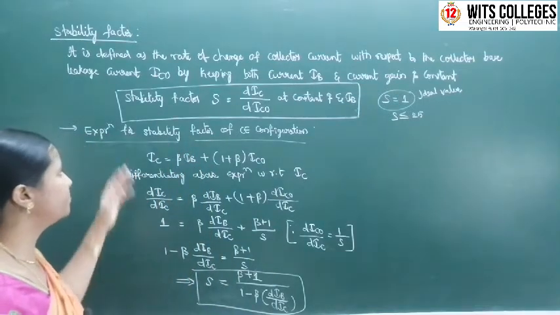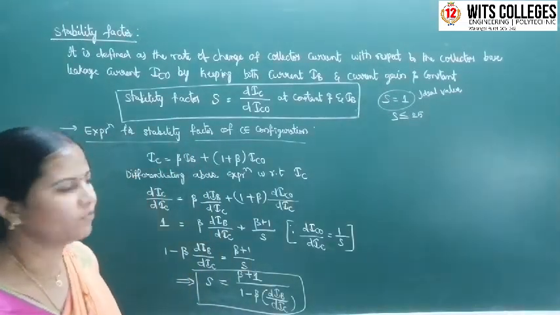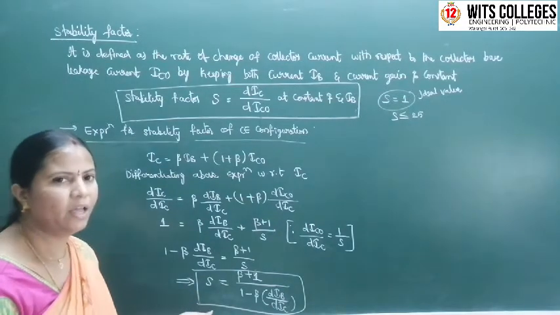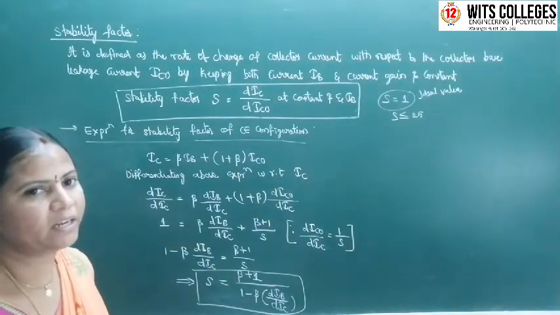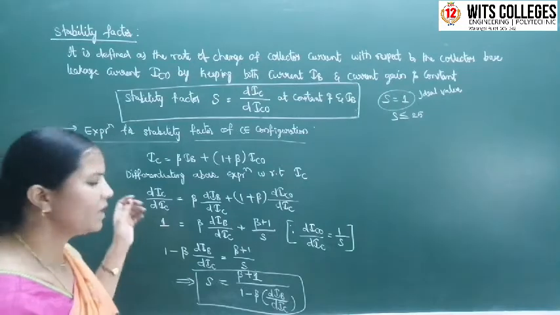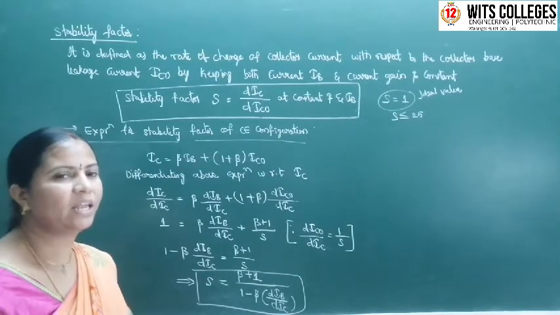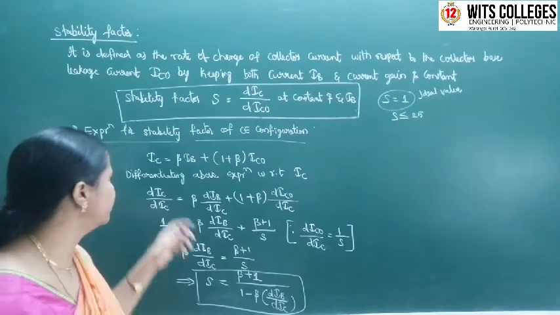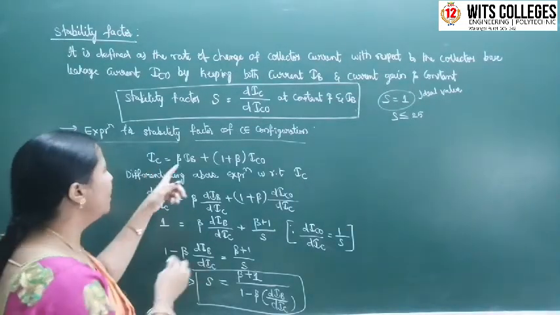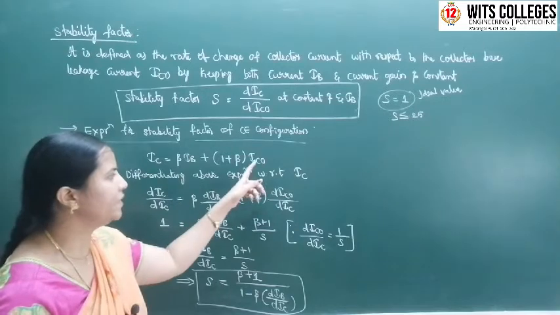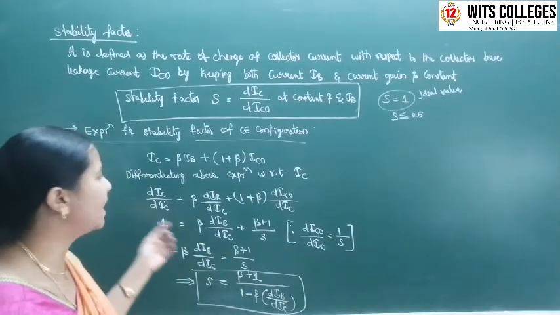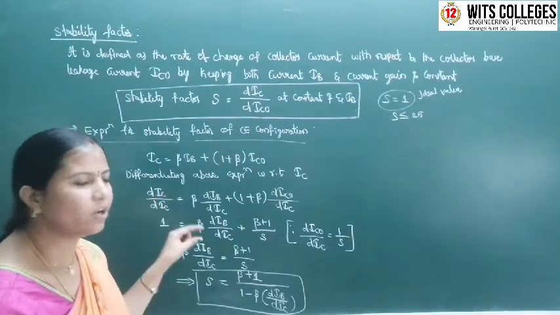Coming to the expression for stability factor of CE configuration, we have to derive the expression for stability factor S. The collector current expression for CE configuration is IC equal to beta IB plus (1 plus beta) into ICO. So this is the collector current equation for CE configuration.